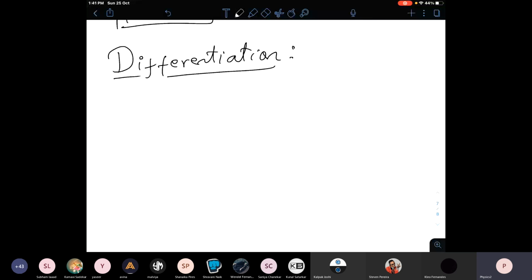You just need to understand what differentiation is, what its geometrical meaning is, and the rules and formulas of differentiation.